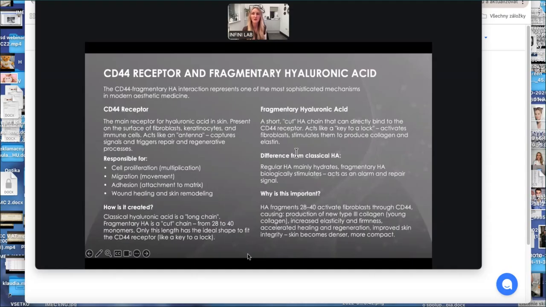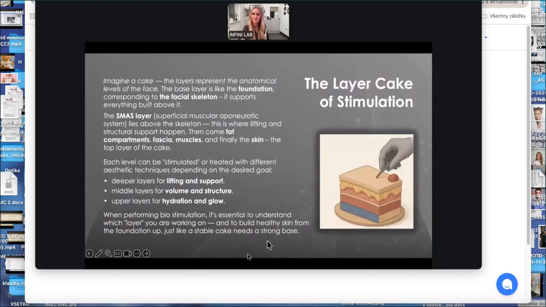PRP also gives us collagen type 3 stimulation. So if you have patients who cannot really have any other products because of allergy or they are pregnant, you can still do it, and you can have exactly the same effect using PRP.